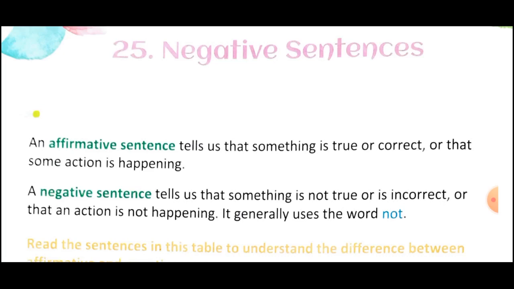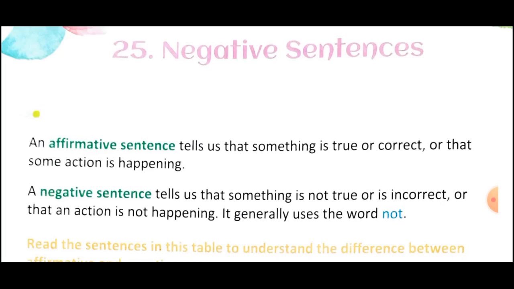In that punctuation, there can be a full stop, question mark, or exclamation mark according to the type of sentence. There are four types of sentence. First is declarative, second is interrogative, third is imperative, and fourth is exclamatory.